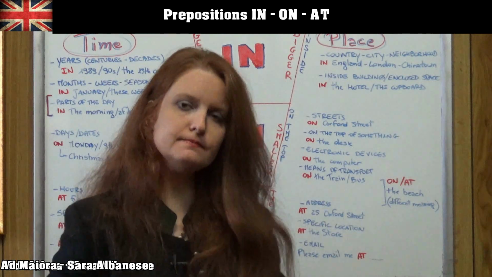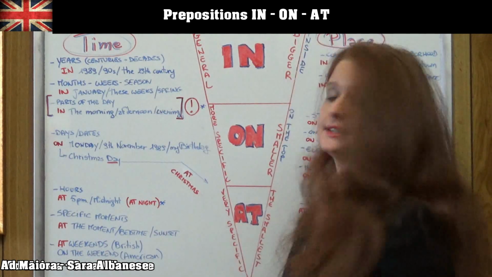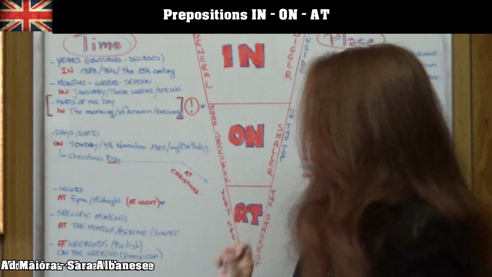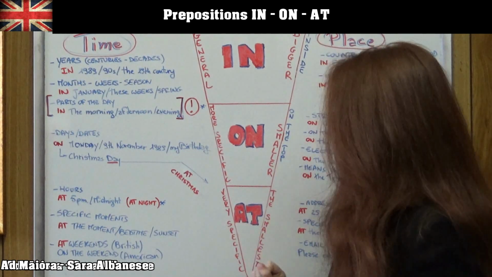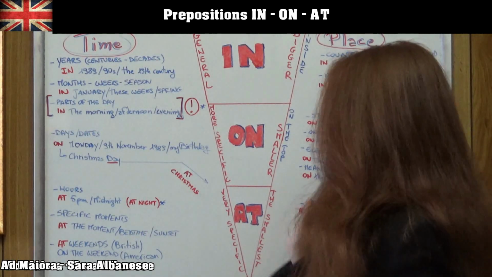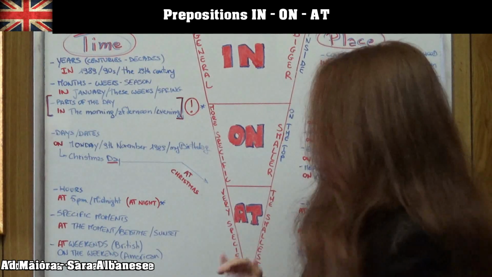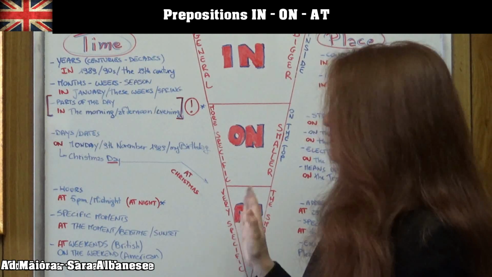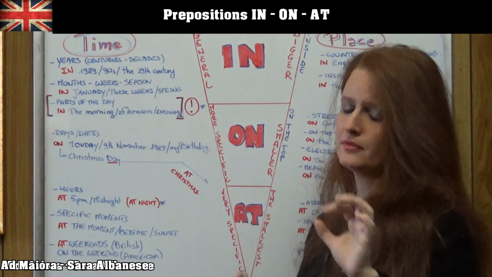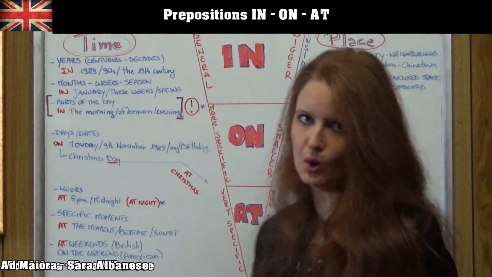Finally, at is here in the tiniest part of our triangle, which is upside down. So this is the top actually, but it's here on the bottom, and it's quite tiny, because at expresses very specific periods of time, very small.